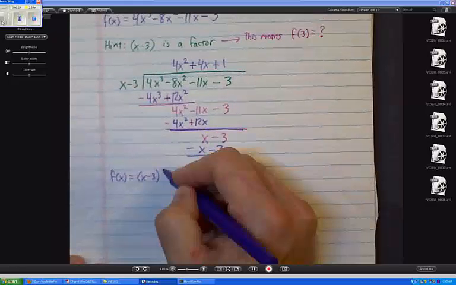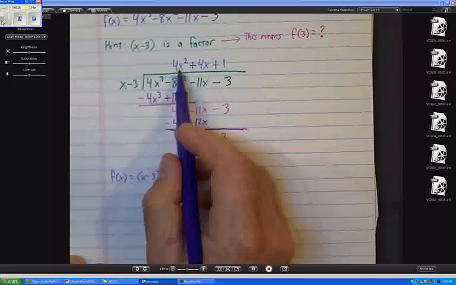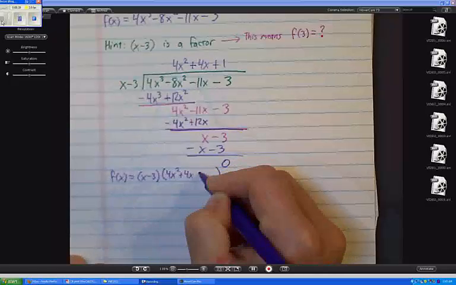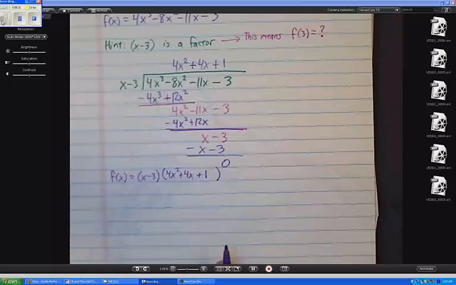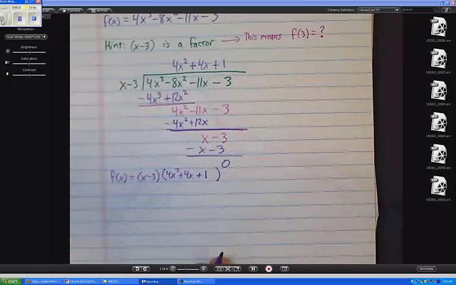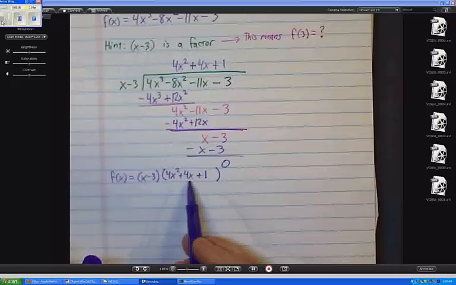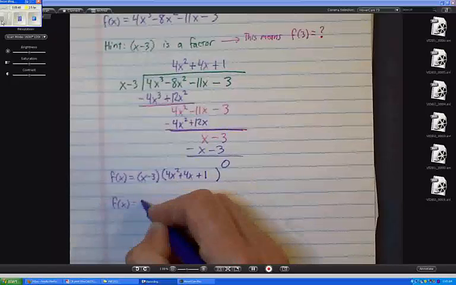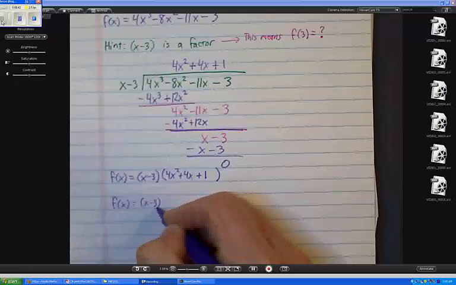Well, times this. 4x squared plus 4x plus 1. Okay? Can you factor 4x squared plus 4x plus 1? Good. Again, if you can't, we'll work on that on Monday.